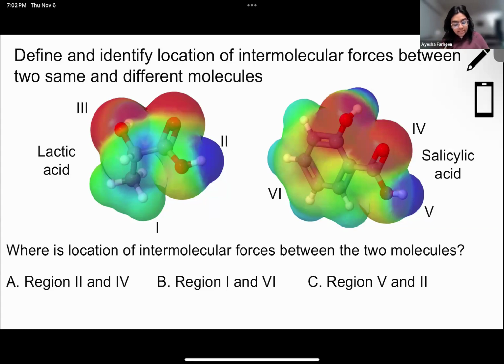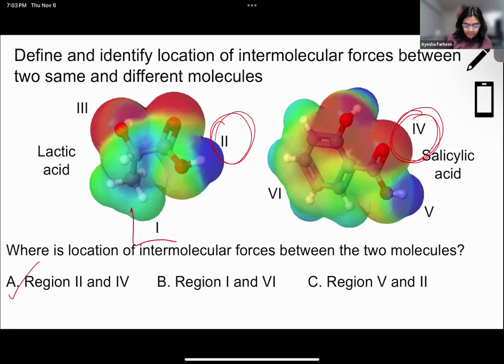Okay, so let's look at the regions. Here again, you're seeing electrostatic potential maps. The redder the region, the more negative charge. The bluer the region, the more positive charge. And then where's the location? So if we take each option, you have region 2 here, that's the blue, and region 4 here, that's a good candidate, right?